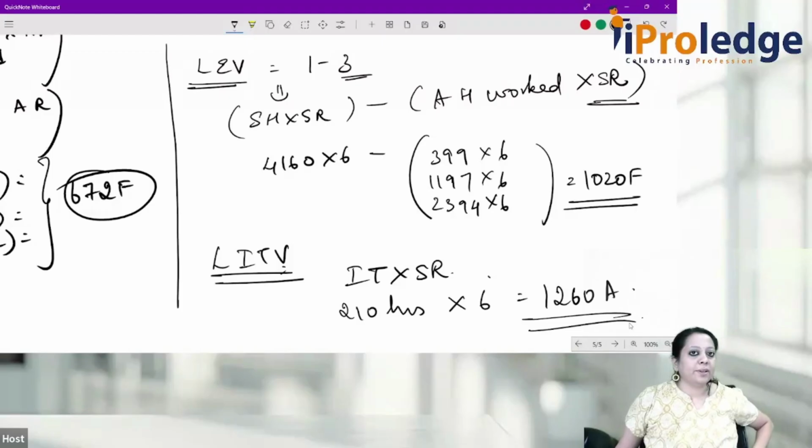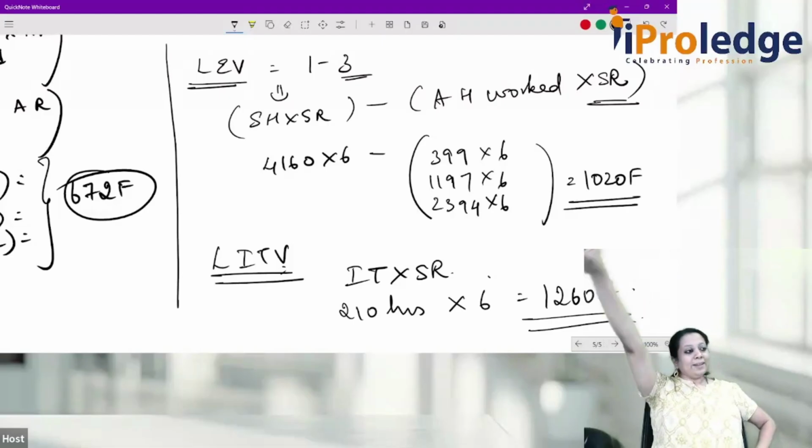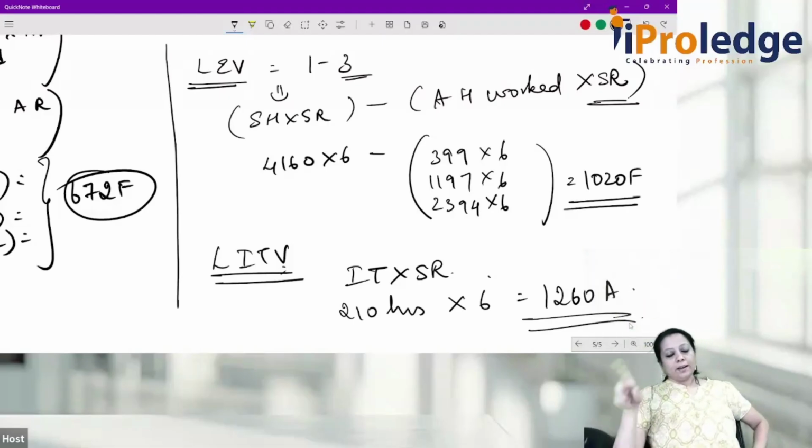Shall we proceed, ma'am? Everyone? Yes. So all these three you do, you should get cost variance. Check. I'll tell you why. Because actual hours paid we have taken in rate variance. Here we have taken actual hours worked.